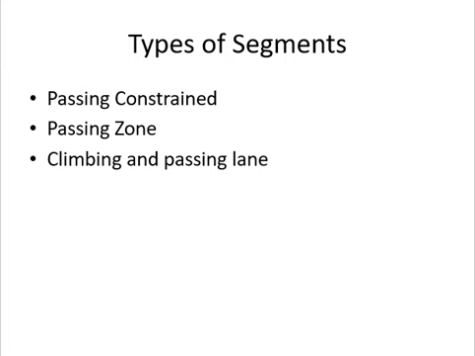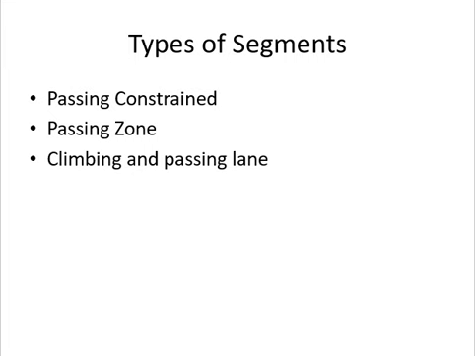The difference is passing. Here passing is not allowed. Here passing is allowed. Okay, and it is mainly because of sight distance. Sight distance is not enough for passing. I cannot provide an extra lane. I cannot do anything with the sight distance. So passing is not allowed. You see we put a signboard for passing not allowed, or they put a white line between the lanes.